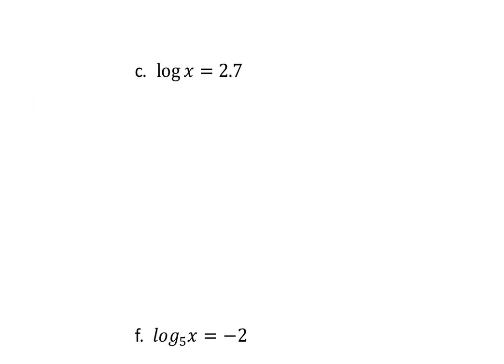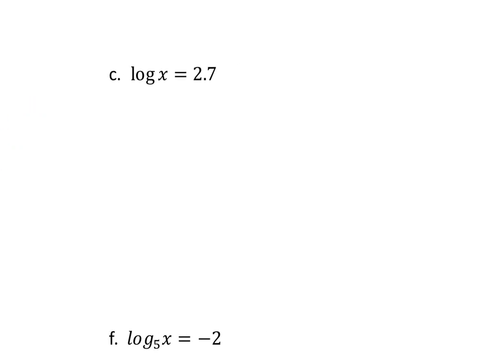All right, last one that we have for this row. We have log of x equals 2.7. I'm going to start by rewriting this with a base. So this is log base 10 of x equals 2.7. And we do our around the world thing. So we get 10 to the 2.7 is equal to x.